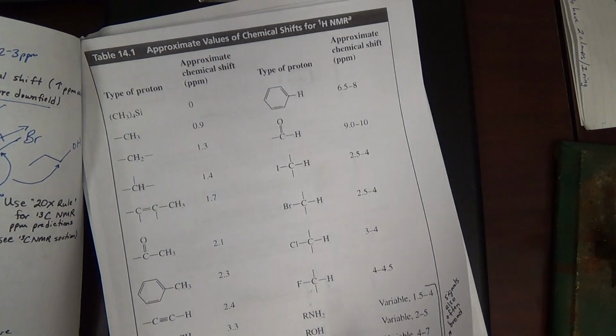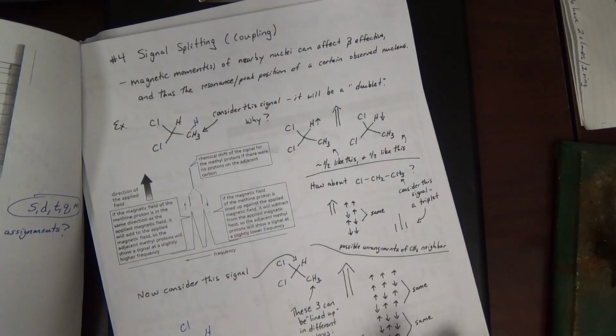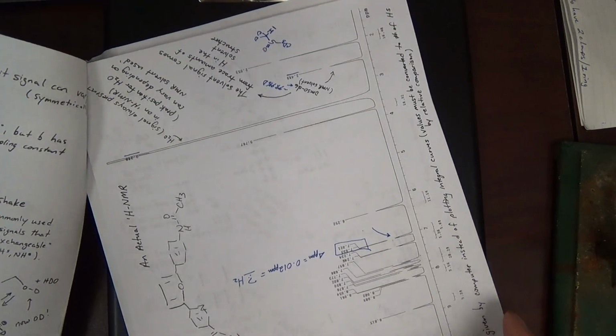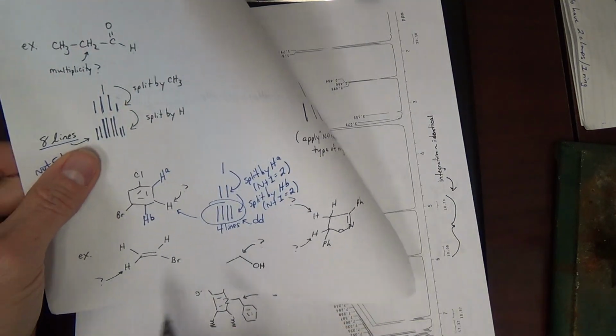One other thing about the splitting. We've only talked about CHs. Actually, I'm not going to do that. We'll wait until we talk about those maybe in class, on that page here where you're going to work these on your own.